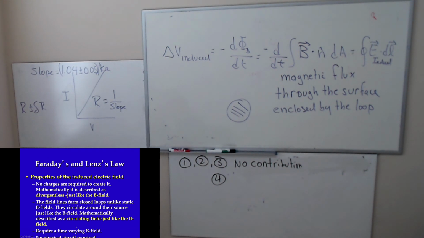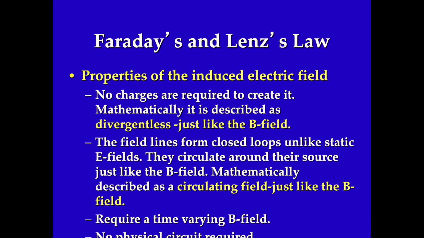Let me just say a couple of things about the properties of this field, and then I'm going to stop. What are the properties of this induced electric field? No charges are required to create it. It's mathematically described as a divergenceless field, just like the magnetic field. It has the same properties as the magnetic field, and it has to because it comes from the magnetic field. It comes from the fact that the magnetic field is changing. These field lines form closed loops.